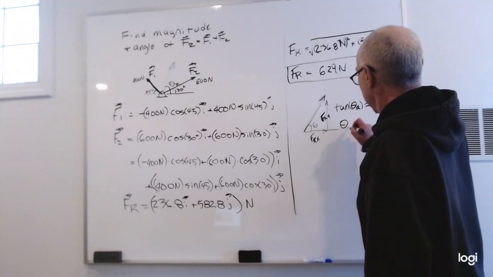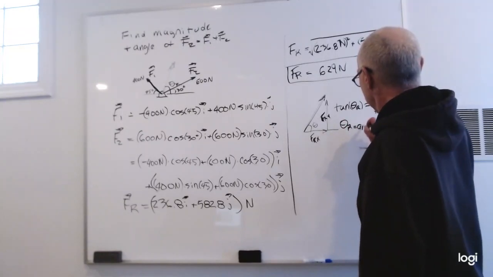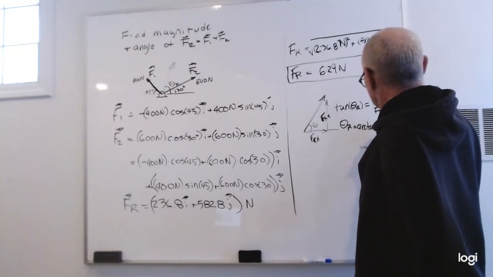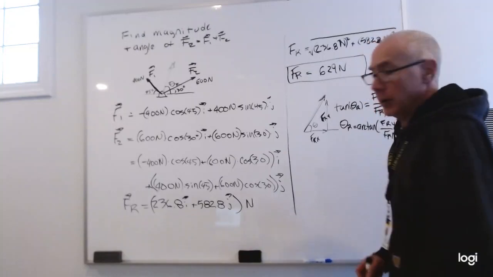You end up with theta R equals arctangent of F_Ry over F_Rx. All right, so that will work.